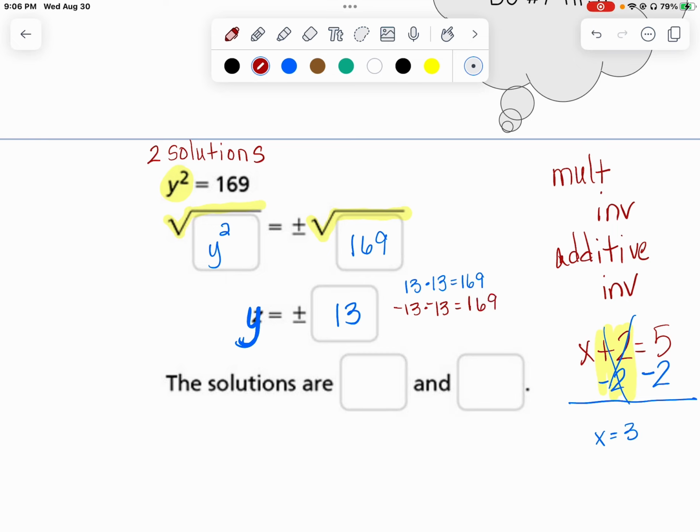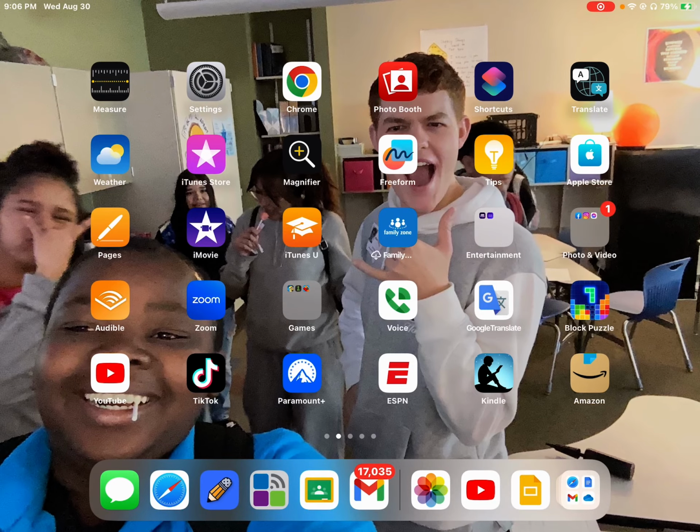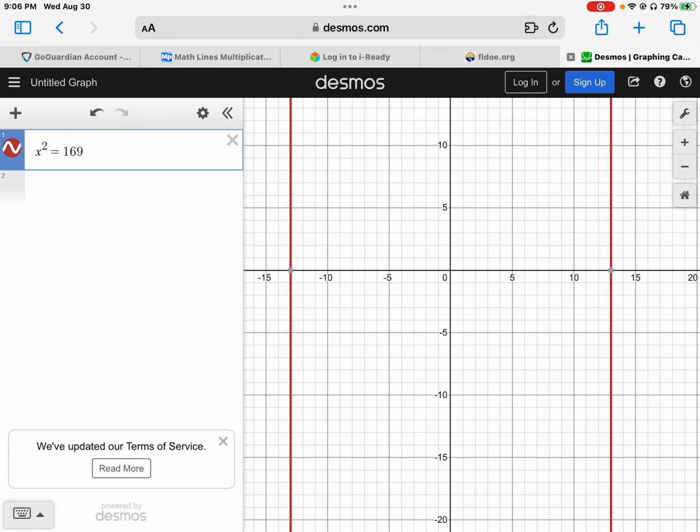And we still get 169. Now, you are beginning to learn in this process, mathematicians are lazy as can be, and we like shortcutting how we write something. But your two solutions are negative 13 and positive 13, because in that graph, it crosses here and here.